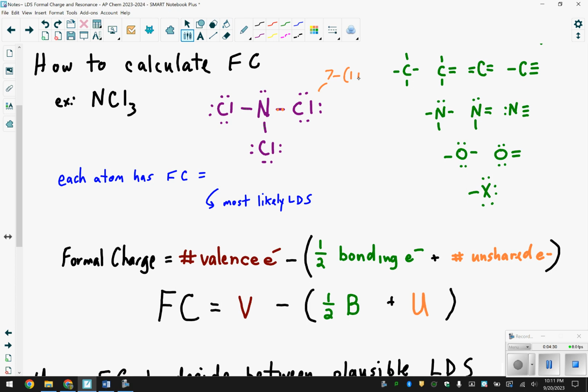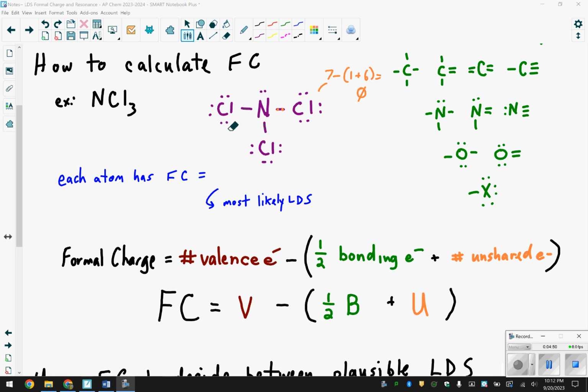And then I'm going to add to that the number of unbonded or unshared or lone pairs of electrons, but you count all the electrons, 1, 2, 3, 4, 5, 6. And what you find is when you calculate the formal charge on chlorine, it has a formal charge of 0.